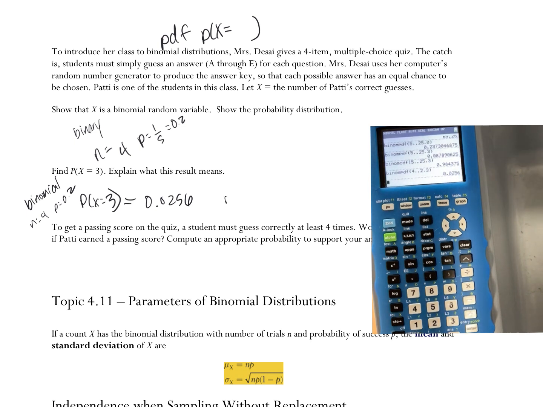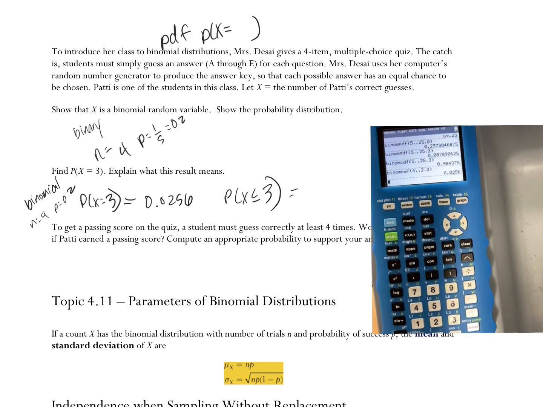All right, guys. What is the probability that someone gets less than or equal to 3 right on the test? Quiz, whatever you want to call this. How does this change what I do in my calculator? I have to use the CDF instead, yeah?